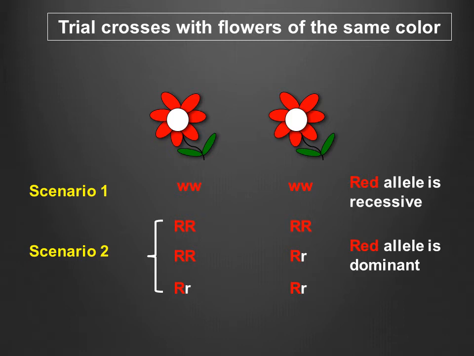Both plants can be homozygous dominant, one plant can be homozygous dominant and the other heterozygous, or both plants can be heterozygous. Now we'll perform these crosses and determine which of these crosses provides the most useful information and can allow us to make a conclusion about whether the red allele is dominant or recessive.